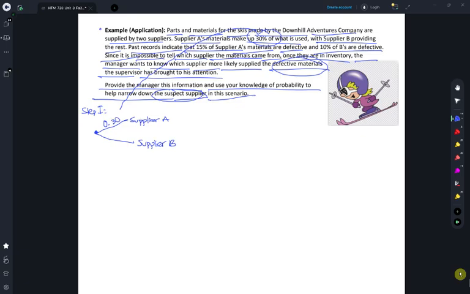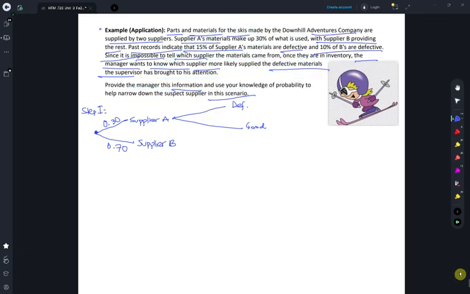The remaining 70% comes from supplier B. Then from supplier A's, there are defective ones and good ones. 15% of supplier A's materials are defective, the remaining 85% are good.